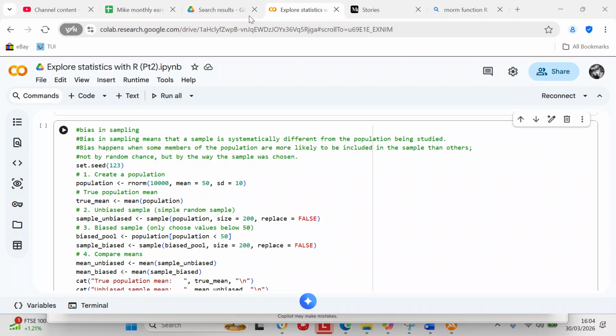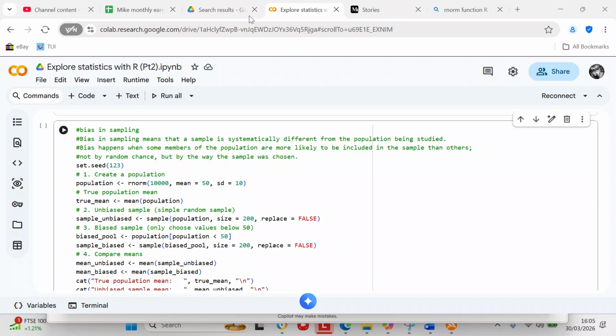An example of bias in sampling is, let's say that you want to do some research and find out what students in a university think about food on campus. If the only people that you survey are the people who are actually eating in the cafeteria on campus, then you're going to have a biased outcome.